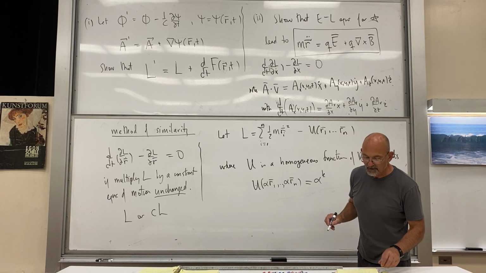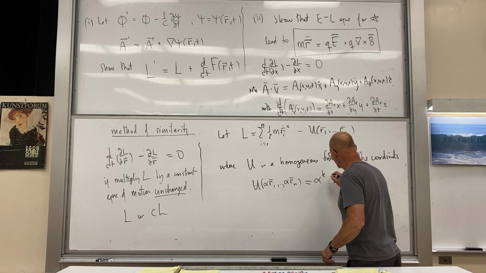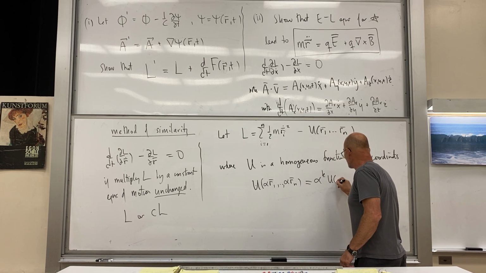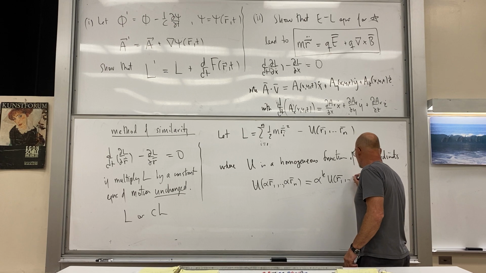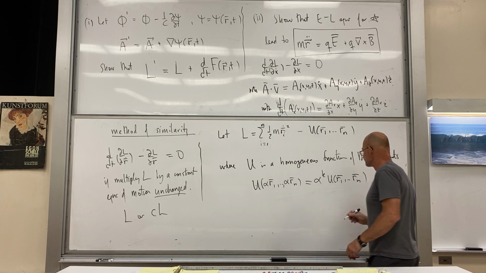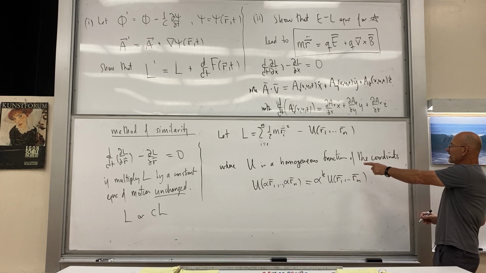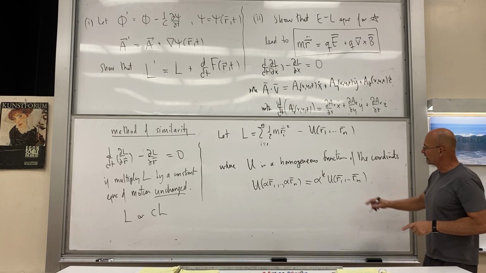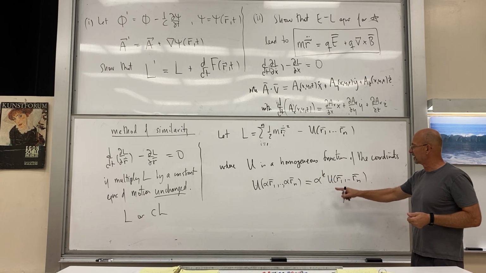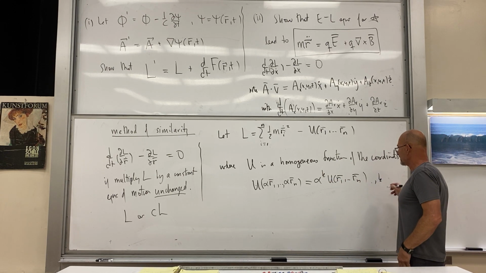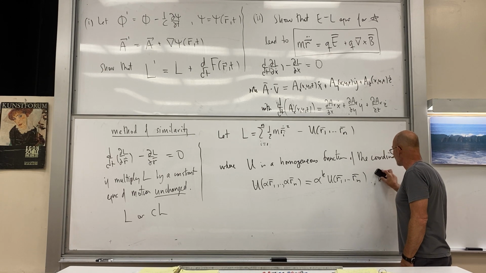That's right, so it's alpha to the kth power times the original U of r1 to rn. That's a homogeneous function of the coordinates, and we could say of degree k. Okay. K is just a scalar number.